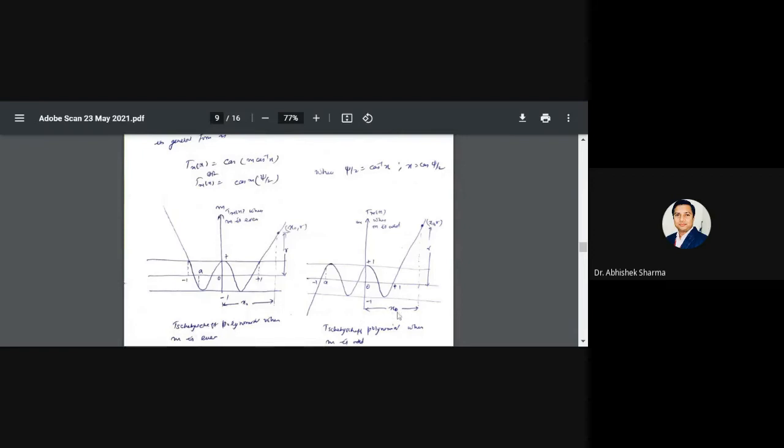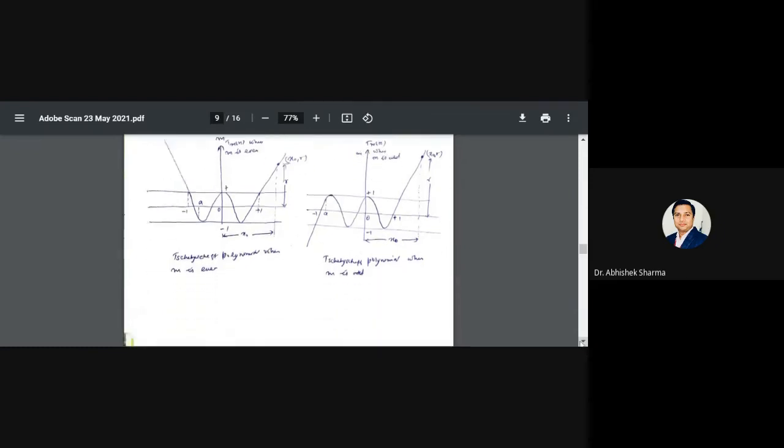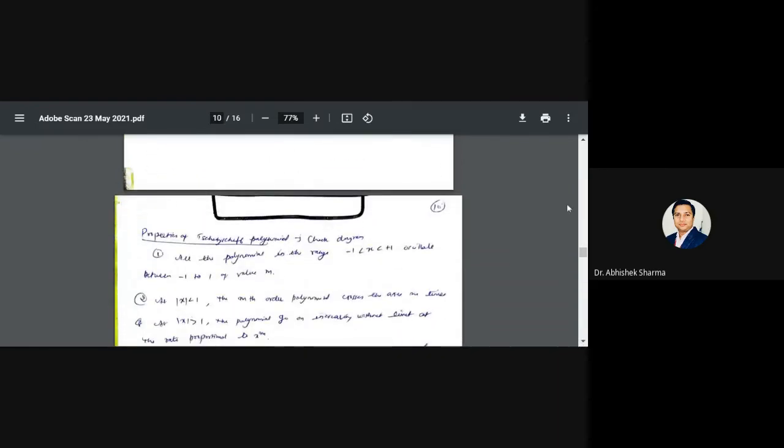Now when m is odd, in that case your distribution is like this. Your Tmx Chebyshev polynomial is like this. Now, what does it represent?